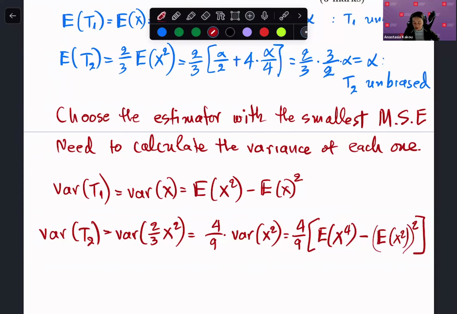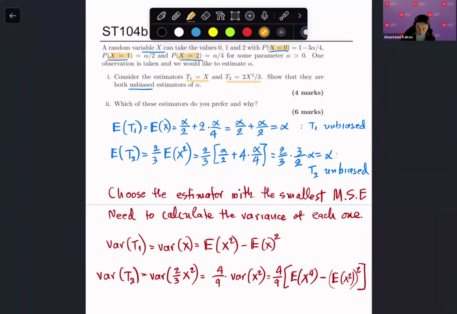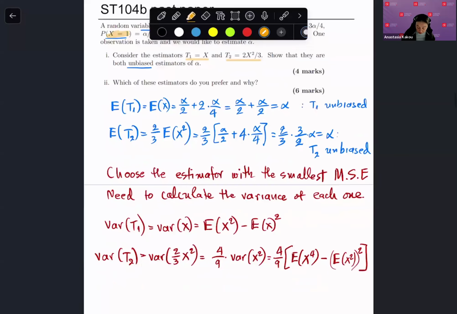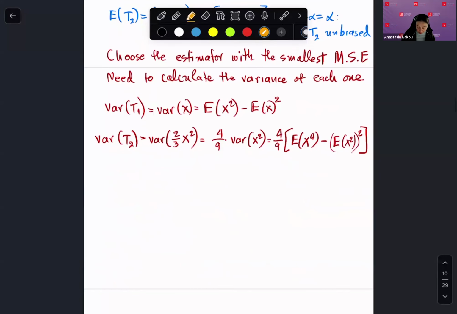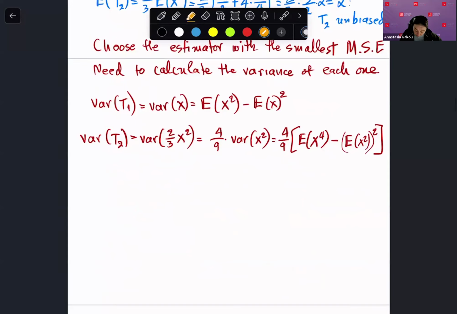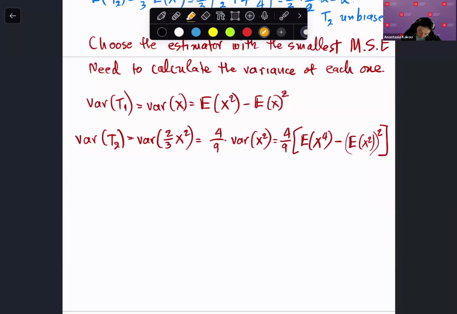Okay, so all these terms are straightforward to calculate because they are functions of x. We know the distribution of x, and then you're just doing a bit of work there. Some results are feeding into the other, so this term will feed here. So it's really just a couple of terms that you need to calculate.